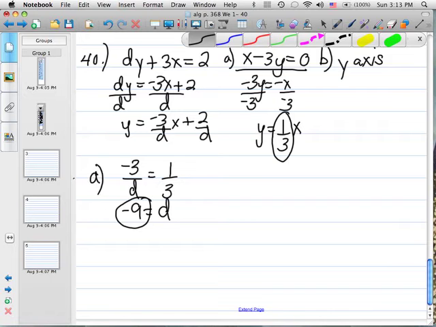That's part A. And part B, to be parallel to the y-axis, if it's parallel to the y-axis, it has a slope of 0. The y-axis is y equals 0. So the slope is 0. So negative 3 over d.